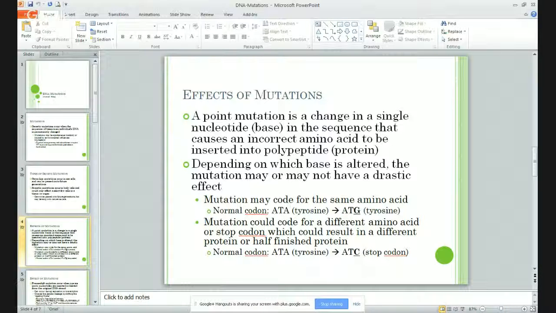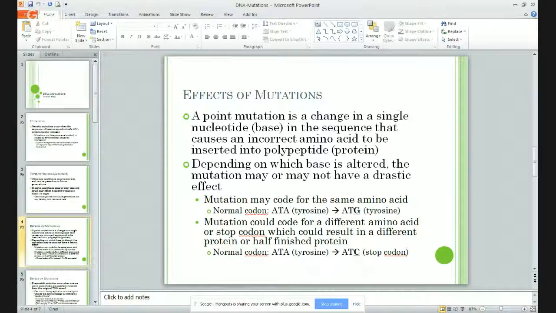So due to this, an incorrect amino acid could be inserted into your protein. It might not be, depending on which bases changed.